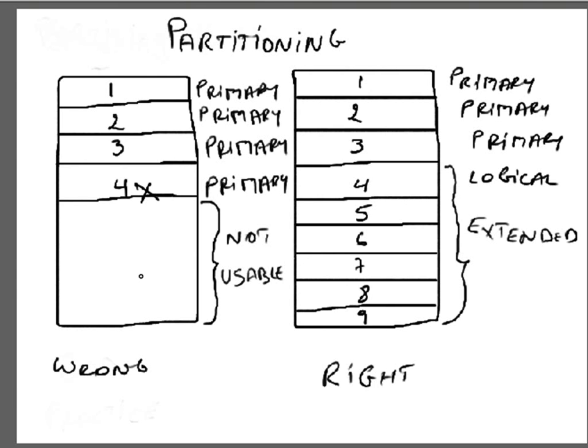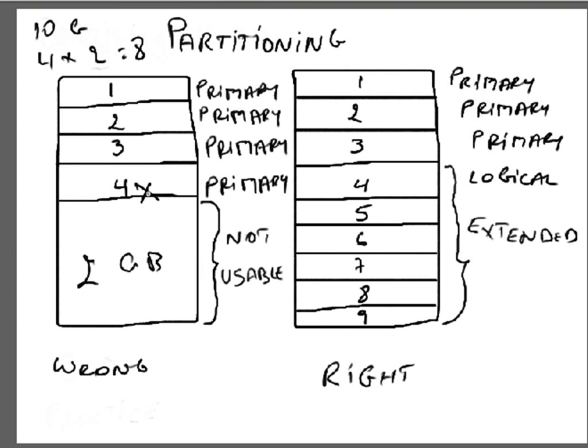So why is it not recommended that you have 4 primary partitions? Let's assume you have a 10 gig hard drive, and you want 2 gig partitions. If you have 4 primary, 4 times 2, that's 8 gig. So what do you do with the 2 gig that are remaining? This becomes unusable disk space at this point because you cannot extend the disk anymore. You have 4 primary partitions.